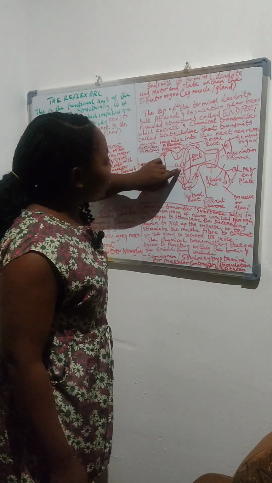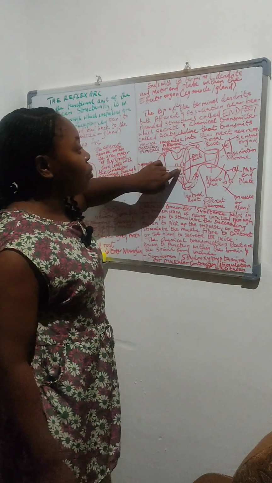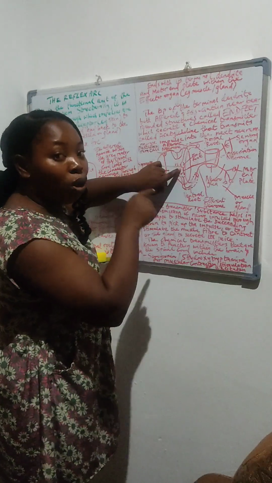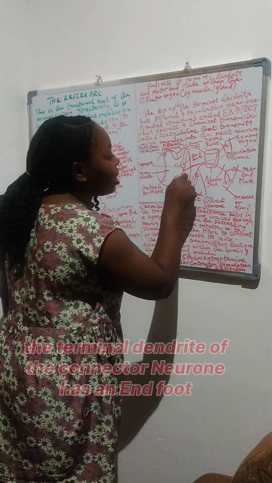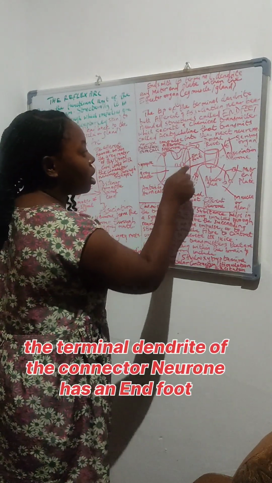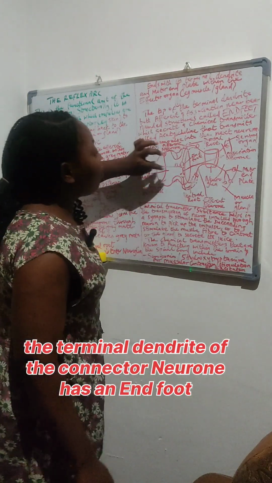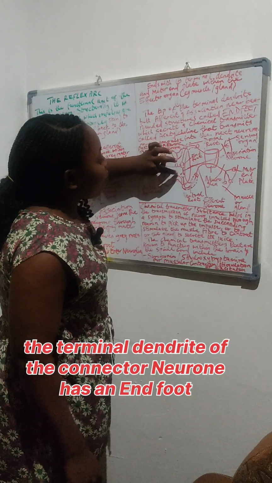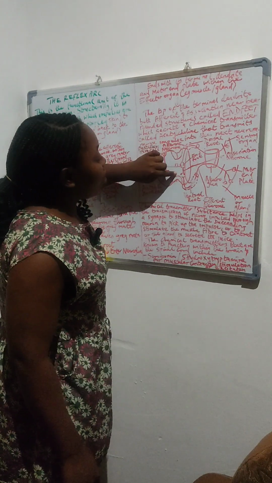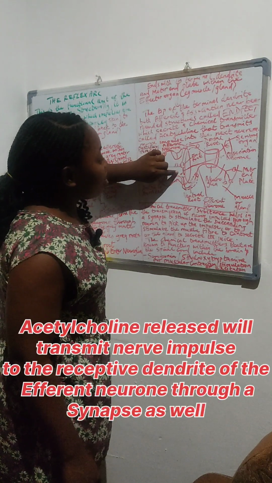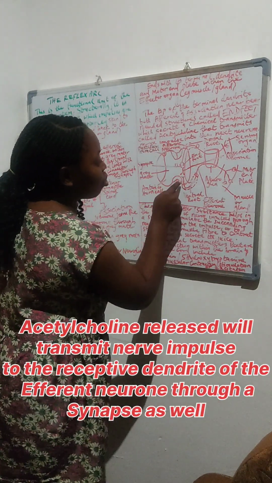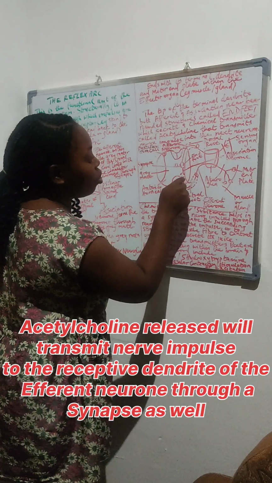This is the receptive dendrites of the association neuron. Its terminal dendrites also have this end foot, and the end foot is going to release a chemical transmitter called acetylcholine, which will now transfer it to the efferent neuron.